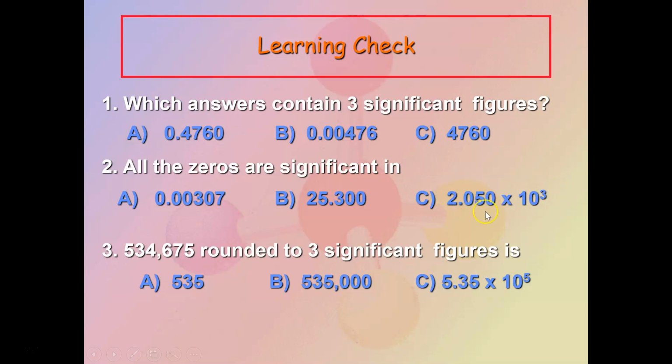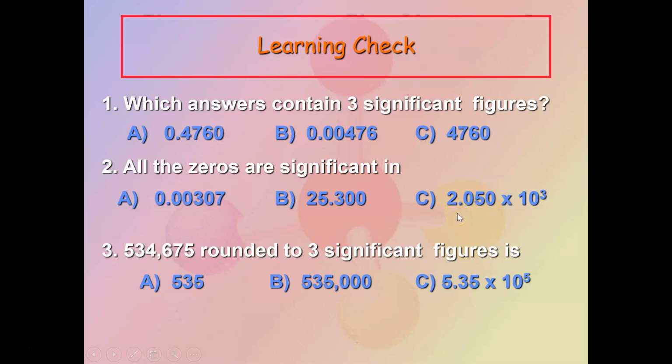Now, when you see a number written like this, a lot of times I get students that freak out. My best advice is to ignore the 10 to the number. Just cross it out in your mind. If you're being asked about significant figures, it doesn't affect you at all. So all you're looking at is the 2.050.